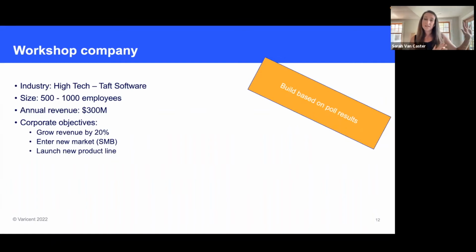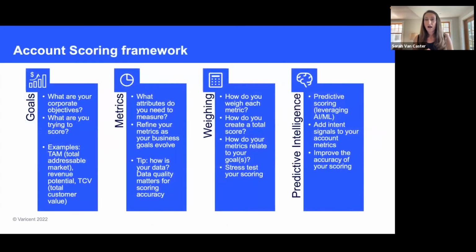So as that kind of is our backdrop of who we are as an organization, let's start to think through how we should start evaluating all of the customers that we can focus on in the market. So as Taft and I were talking through his experiences and my experiences and how lots of organizations approach account scoring, there really is a pretty straightforward framework that can set you on the right path. So number one, starting with your company goals.